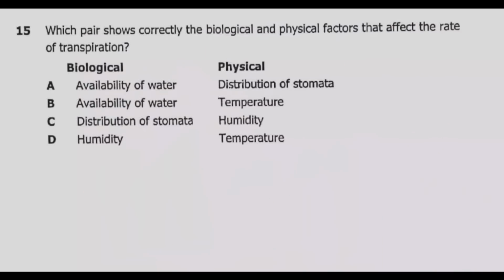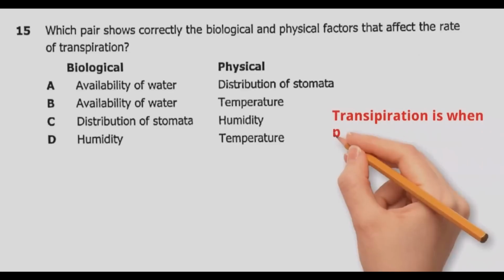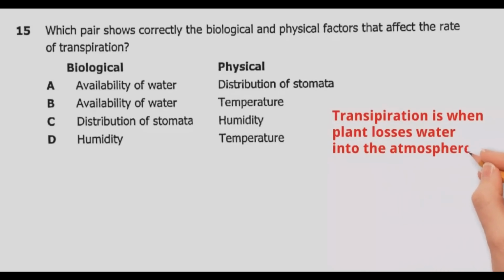Which pair shows correctly the biological and physical factors that affect the rate of transpiration? Okay, so we know that transpiration is the process by which plants lose water into the atmosphere. So A, availability of water as a biological factor.